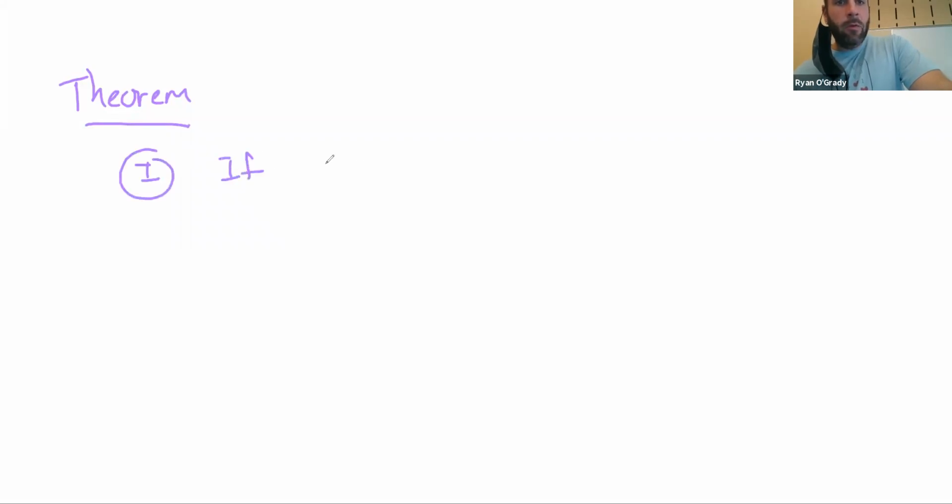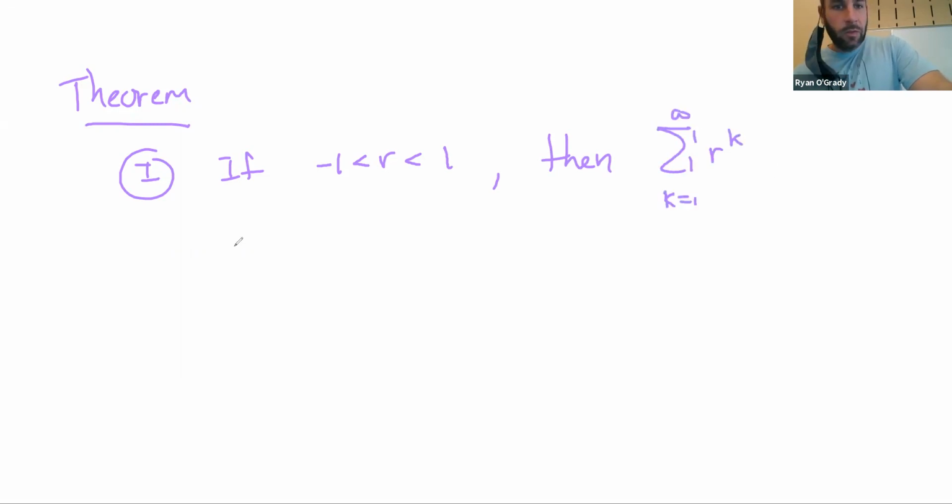If the number r is between -1 and 1, then this series converges. And not only can we show that it converges, we can tell you exactly what the number is. It converges to r divided by 1 minus r.